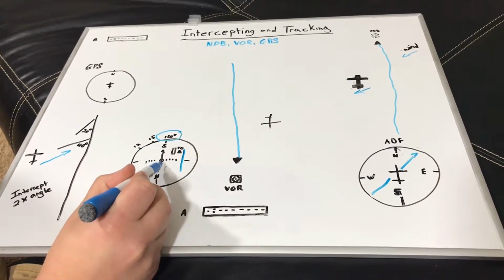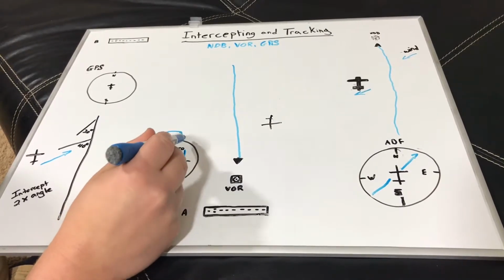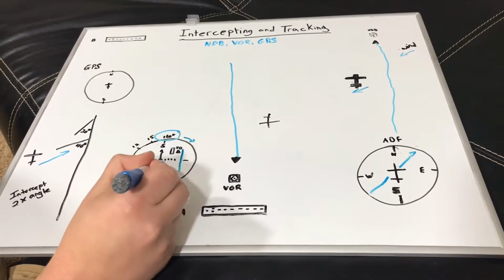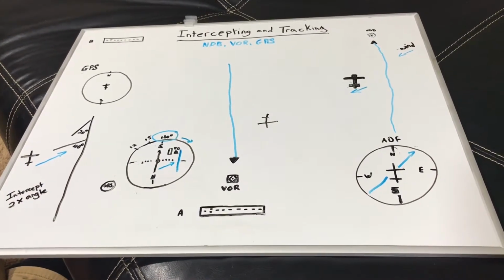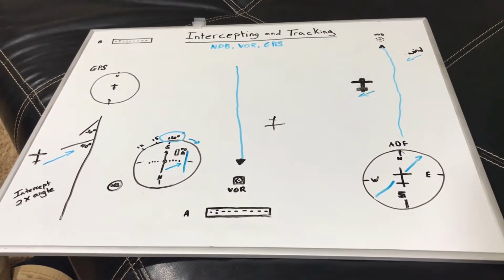We simply have to turn towards it to intercept until we're lined back up on our CDI, tracking directly into that south heading again.